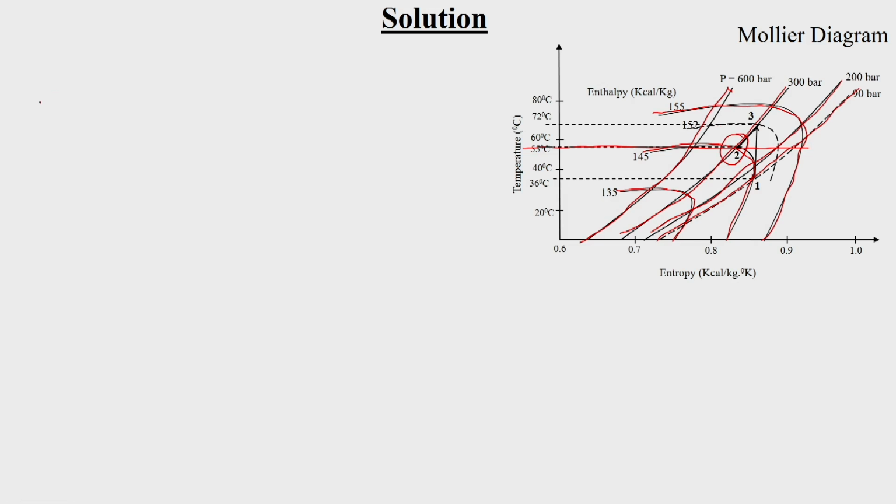We can write this as the initial or supercritical condition, 300 bar and 55 degrees Celsius. So this is the supercritical fluid extraction system, point 2.